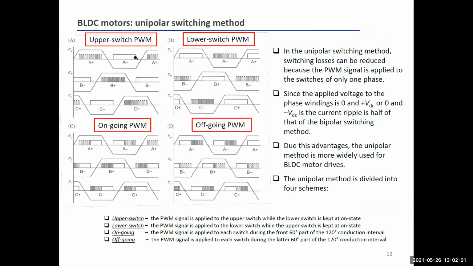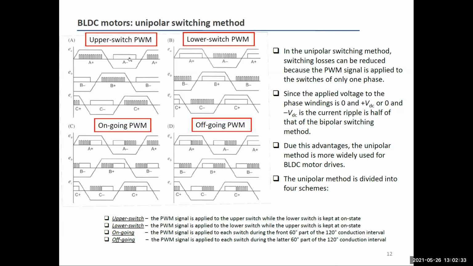This is the operating step number 5 that I discussed briefly before. In the upper switch pulse width modulation, I apply pulse width modulation to phase C, so to the transistor T5, and I close the switch T4.